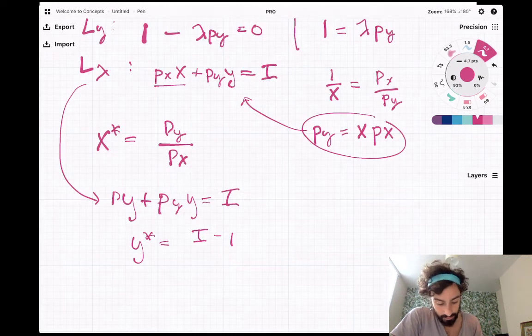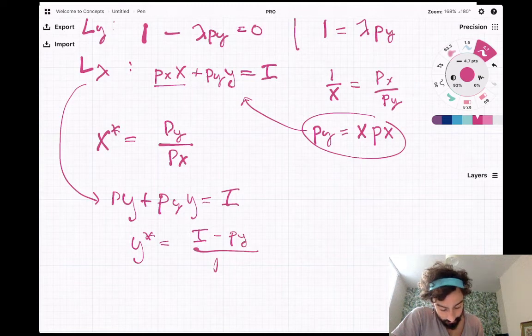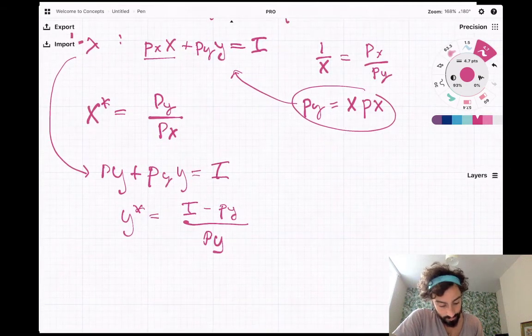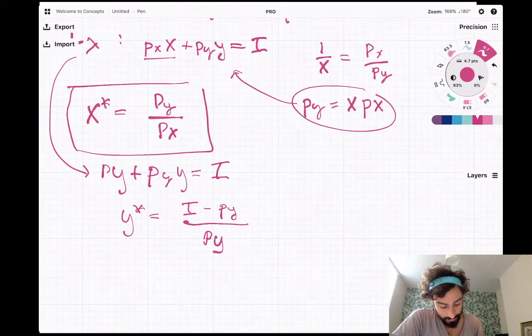I'm plugging in py is equal to x px. So I get a py plus py y is equal to I. And that means that y is I minus py divided by py. Right? I just subtracted the py onto the other side and then divided the whole thing by py, and I get that y star is equal to I over py minus py over py. And so this is my value for x star, and this is my value for y star.